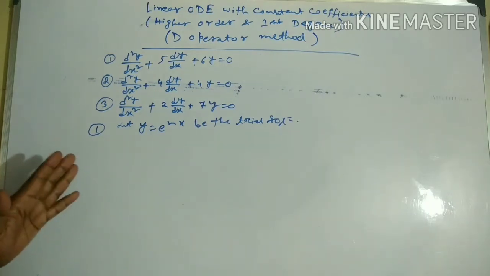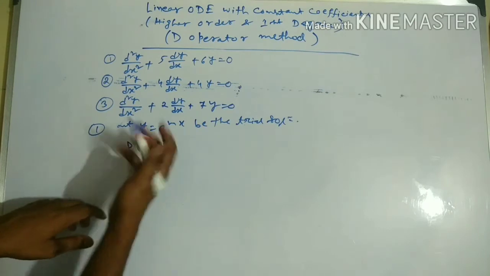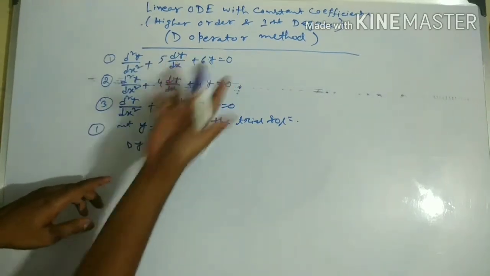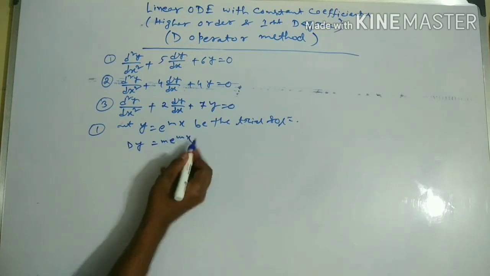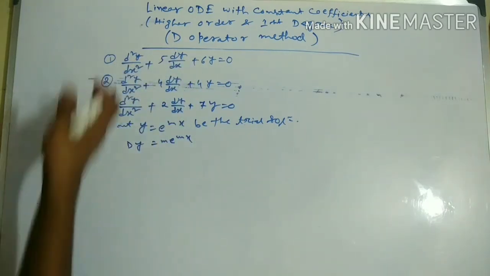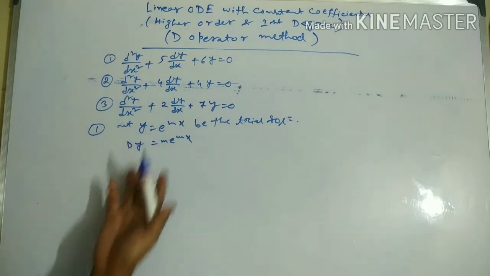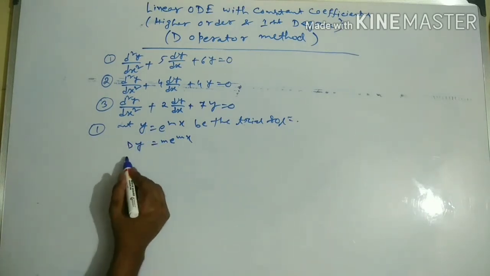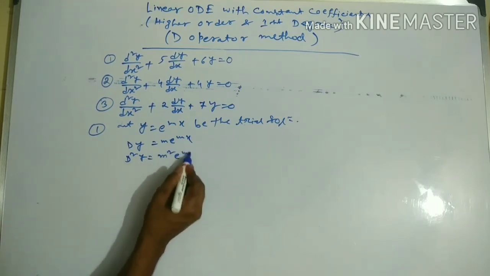The same steps will be followed here. We have to find dy. Just in place of p1 there is 5, in place of p2 there is 6. dy will be m e to the power mx. For the first sum I am doing all the details, for the remaining two I will skip steps. So follow this sum minutely. d square y will be m square e to the power mx.